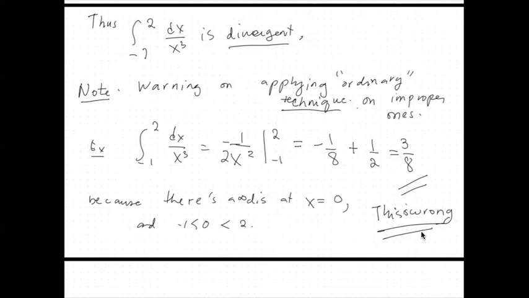So don't apply the ordinary technique for the usual integrals when your integral has a discontinuity inside the interval of integration. In this case, the interval of integration is -1 to 2, and 0 is between them. And 1 over x raised to 3 has a discontinuity at x equal to 0.